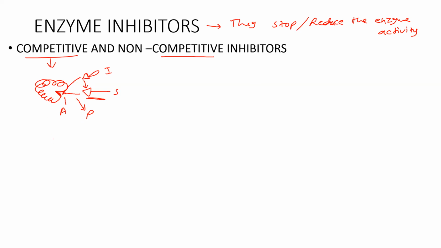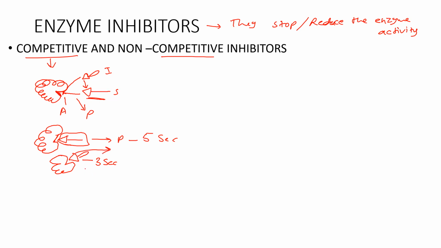Suppose this is the enzyme, and if the substrate fits into it, it produces the product in 5 seconds. But here, in place of the substrate, the inhibitor gets fixed, stays here for 3 seconds and then walks away. Then the substrate goes and fits into it and produces the product.